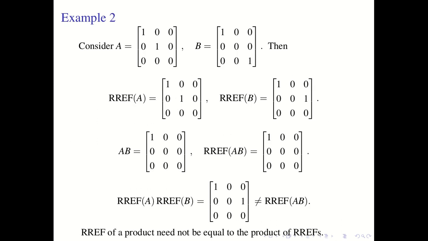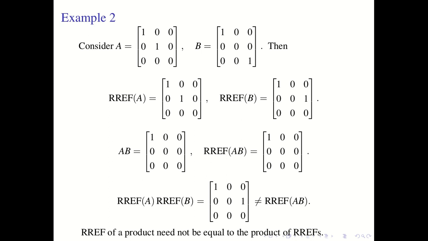Let's look at one example to show that if you have two matrices A and B, matrix multiplication and taking the row reduced echelon form do not commute.